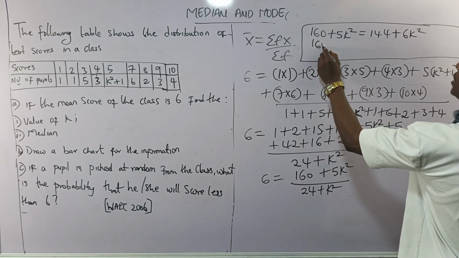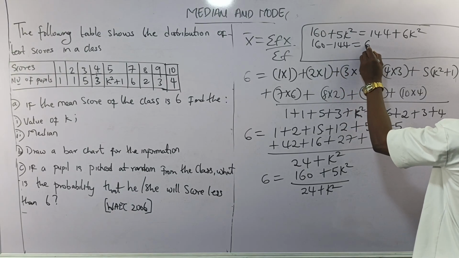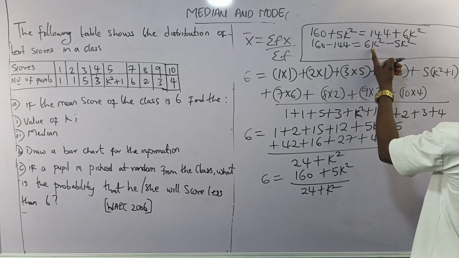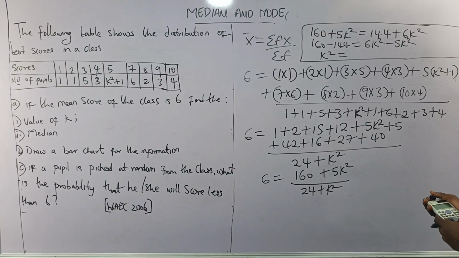Now I have 160 collecting like terms, minus 144 equals 6k squared minus 5k squared. And 6 minus 5 is 1. So I have k squared equal to 160 minus 144, which gives me 16.